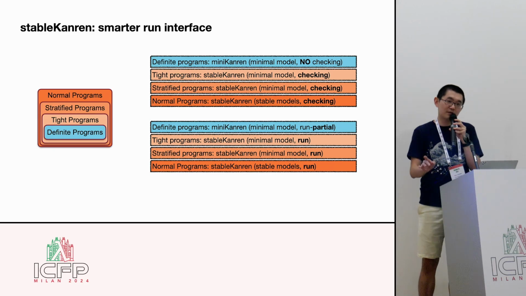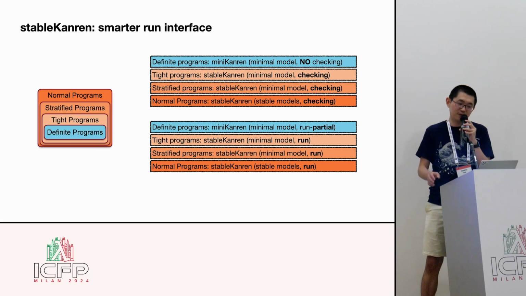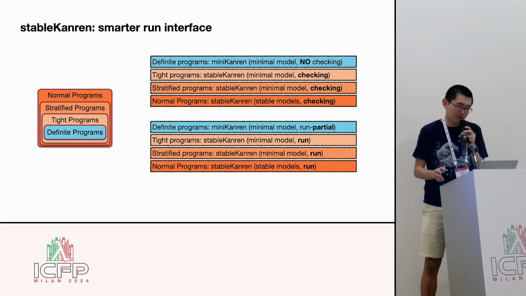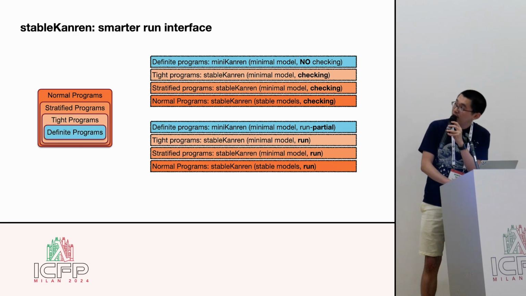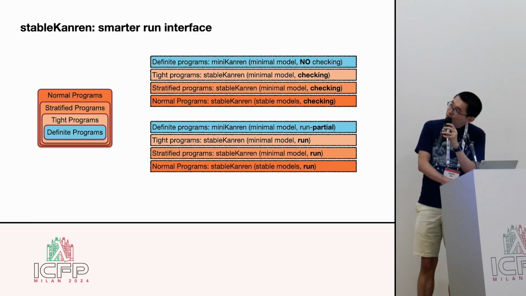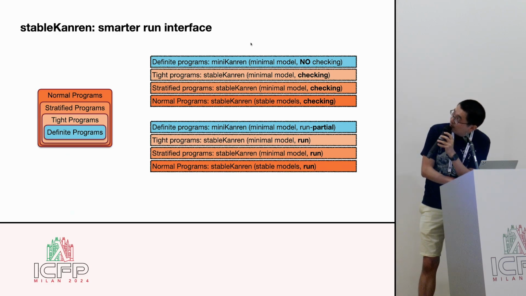The user wouldn't have to choose, like, I know this program is a stratified negation, so let me use the run partial interface, otherwise I use run. So this is not very smart. It's not artificial intelligence. Okay. So for one of the future works, right here, we already have the checking for negation.